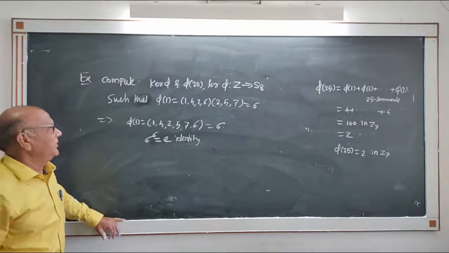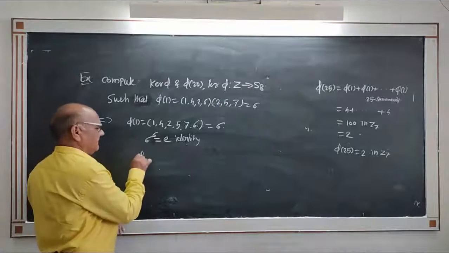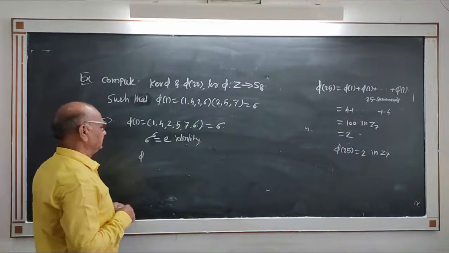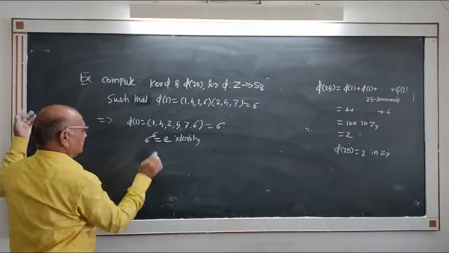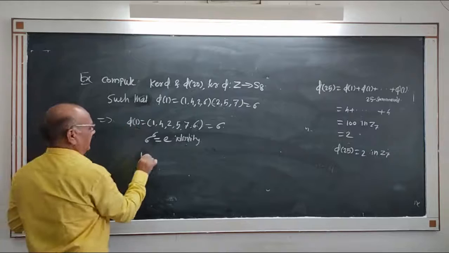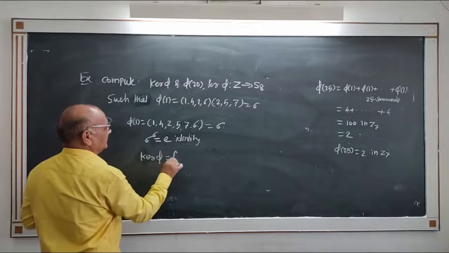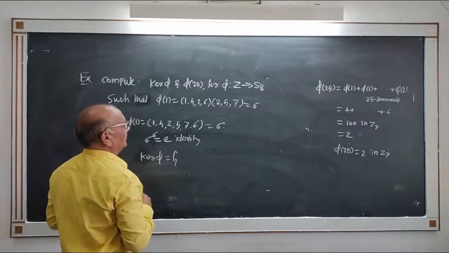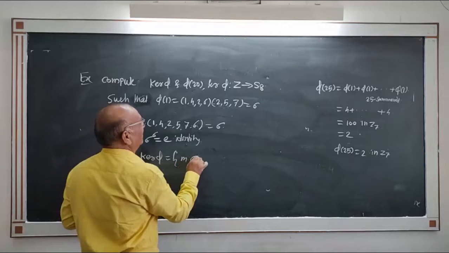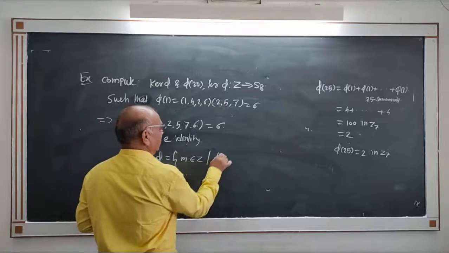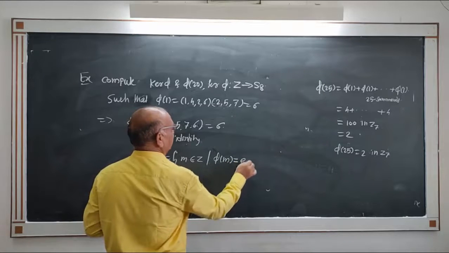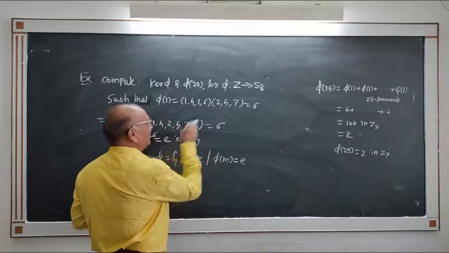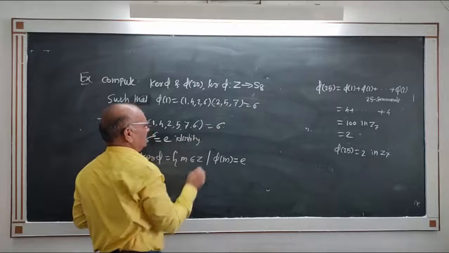Now, kernel phi is equal to those m belongs to Z such that phi of m is equal to identity.